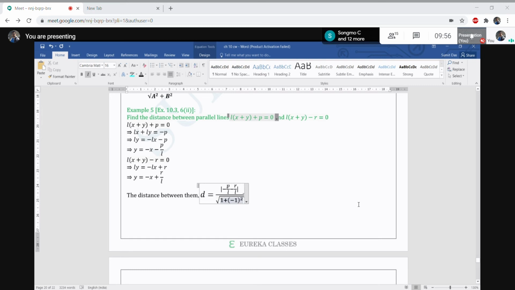If you simplify this one, take minus common, and l also take common, l will be the denominator, the numerator will be p plus r, divided by square root of 2.